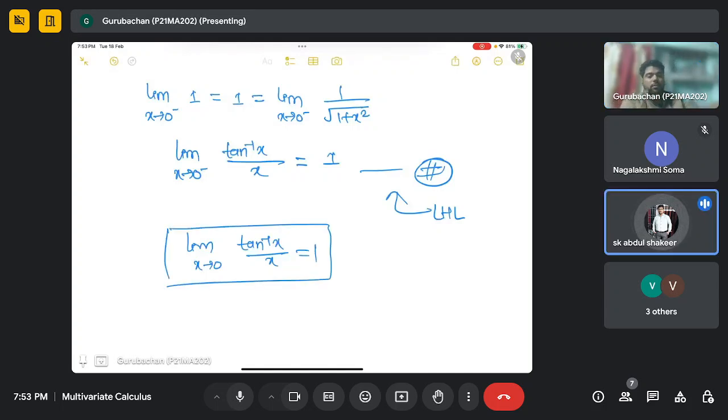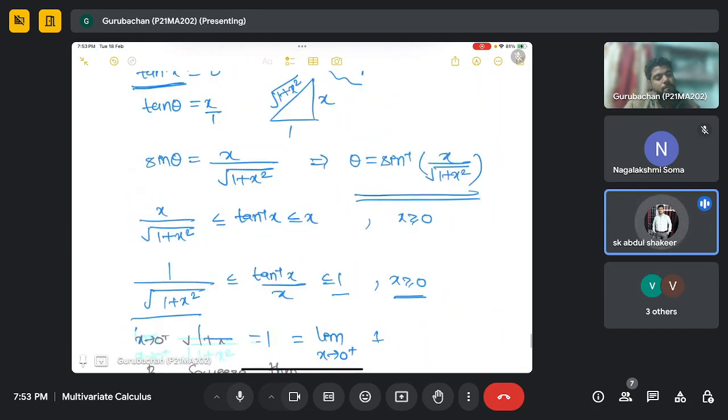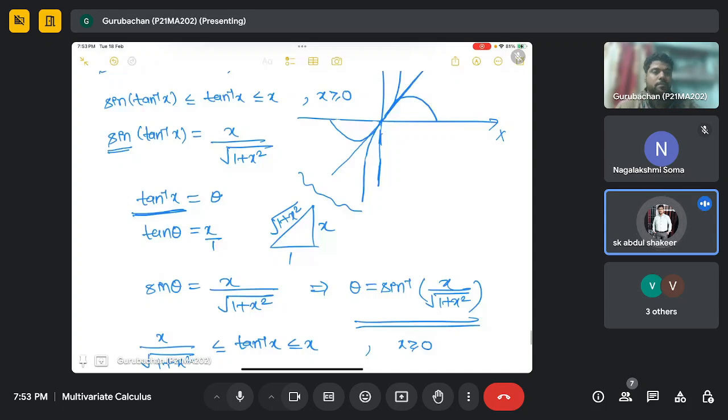Sir, is it possible to prove this inequality by using Lagrange's method, sir? Lagrange's mean value theorem. Taking f of x as tan inverse x and the functional value at 0, using the limit value, limit x tends to 0, f of x minus f of 0 by x minus 0, taking left hand limit and right hand limit. But what do you want to prove?